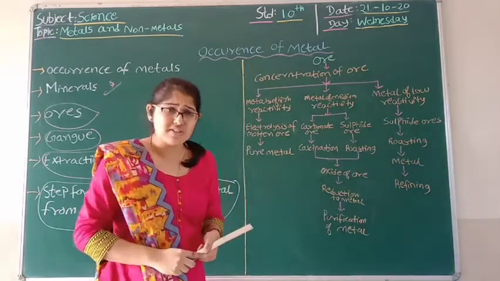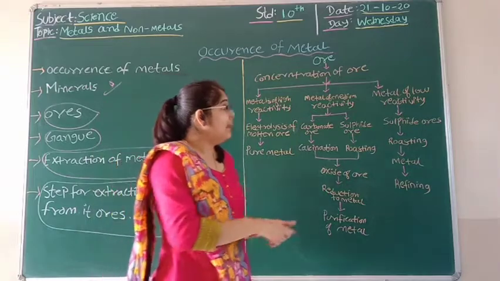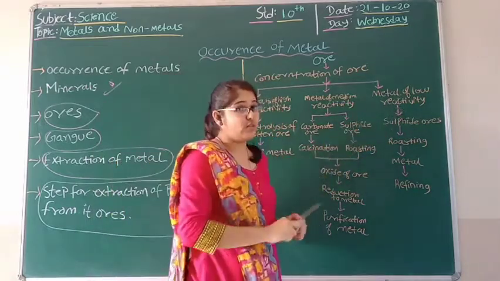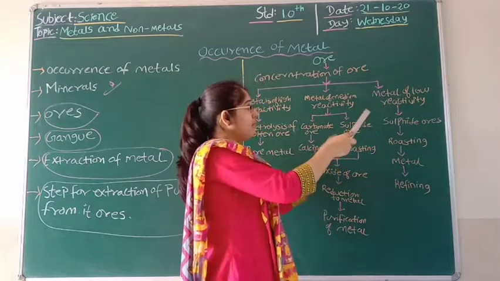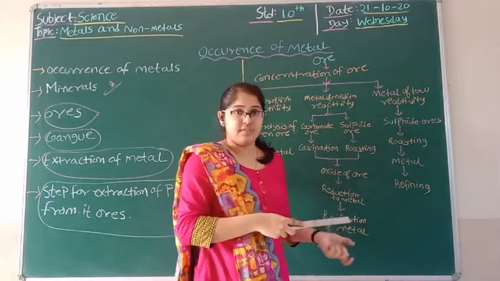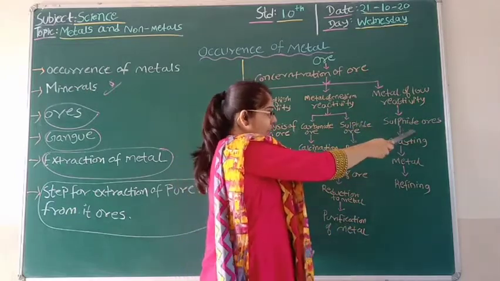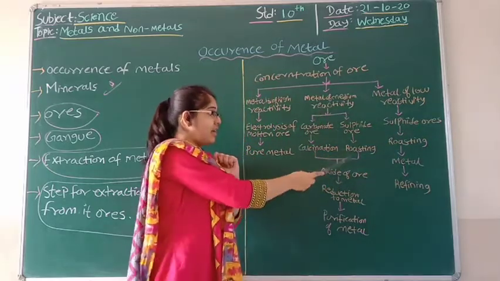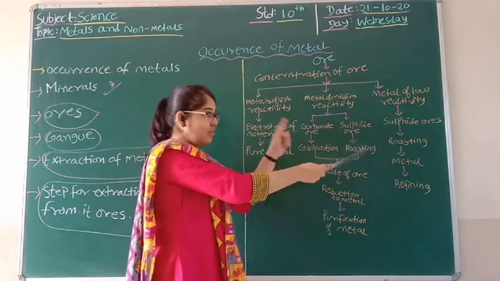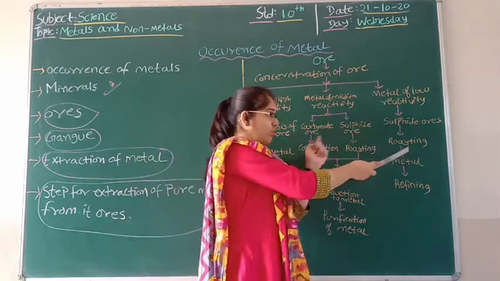Now students, the very last thing is metals of low reactivity. What step will we follow for this? Metals with low reactivity are found in sulfide ores. So for sulfide ores we will do roasting. As we see, even for metals having medium reactivity we have the roasting process for sulfide ores. Similarly for this also, we will go for the roasting process.